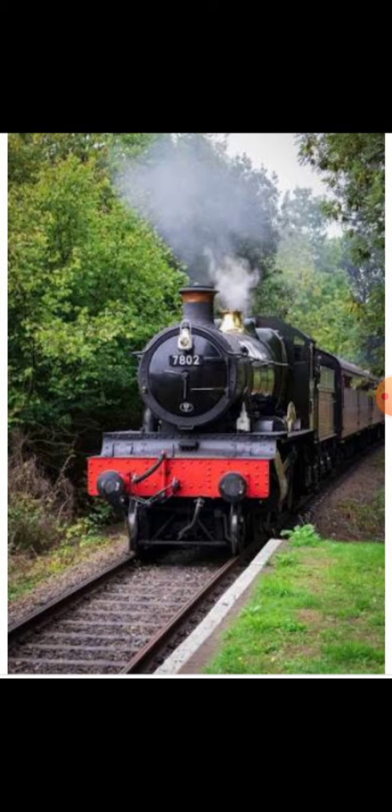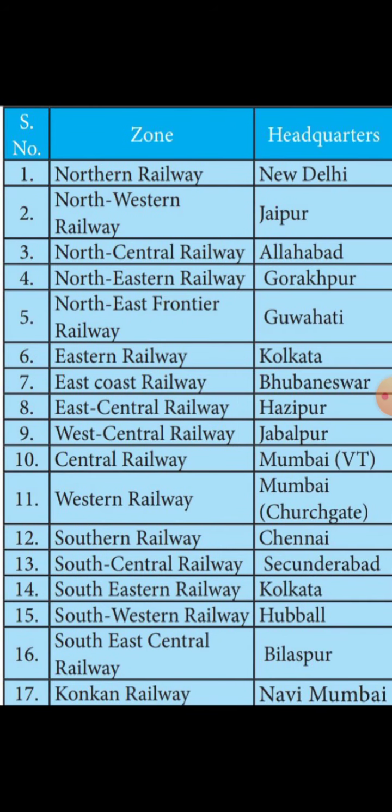The Indian railways are divided into 17 zones. What are the 17 zones? Have you remembered, students? Now let me recall the 17 zones and their headquarters. The first one is Northern Railway, headquarters New Delhi. Then North Western Railway, Jaipur.